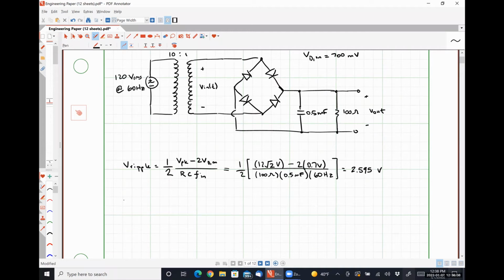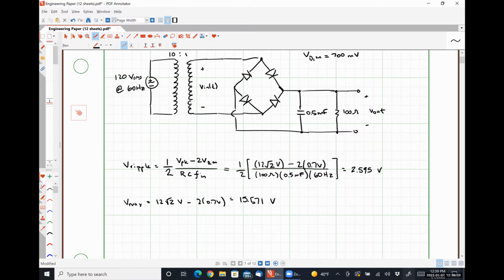So our Vmax would be 12 root 2 minus 2 times 0.7 volts, 15.571 volts. And then it's about 16 to 17% of our maximum value there is our ripple, right? Because obviously our minimum is going to be Vmax minus V ripple, because V ripple tells us how far the signal decays, okay?